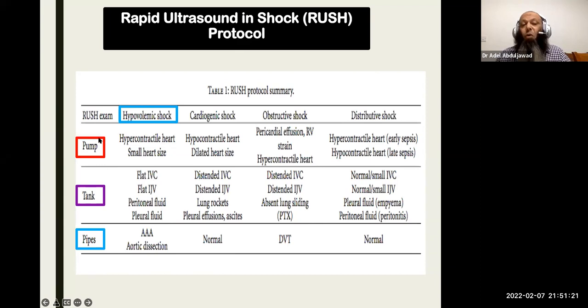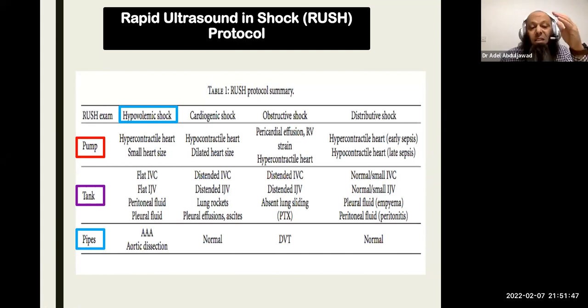If you go with ultrasound to assess the pump and you found that the patient has a hypercontractile heart, there is increased contractility, and there are small cardiac chambers, a small LV, a small heart size, this is with hypovolemic shock. If you move to the tank, then you assess the IVC. You found that it's a flat IVC, it's collapsing.